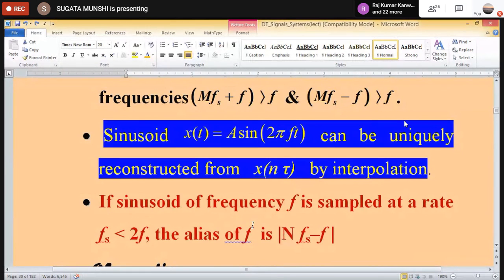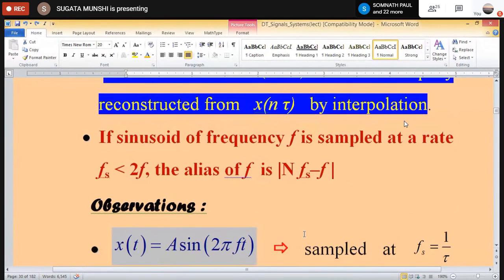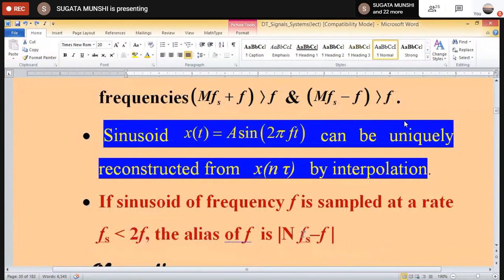If a sinusoid of frequency f is sampled at a rate fs less than twice f, the alias of f is the magnitude of N fs minus f. All right. What is capital N?